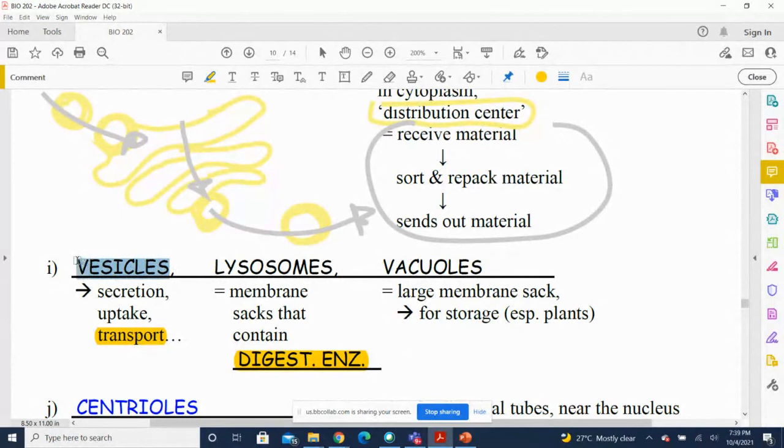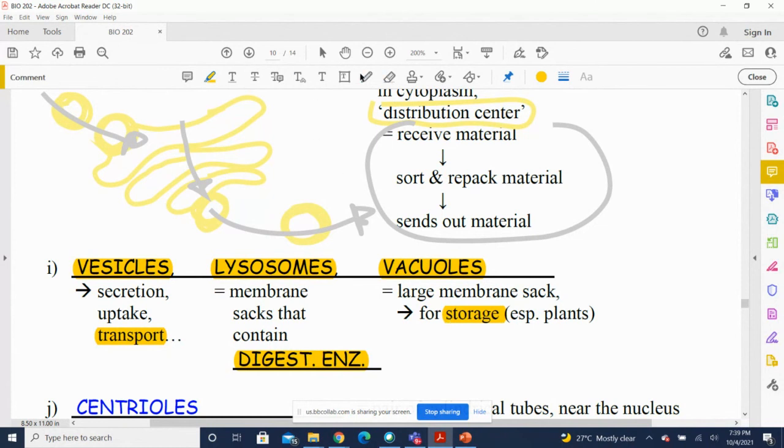And vacuoles are typically found especially in plant cells, and you can think of them as wastelands or dumping grounds where materials get dumped and stored when we don't get rid of them in another way from the cell.